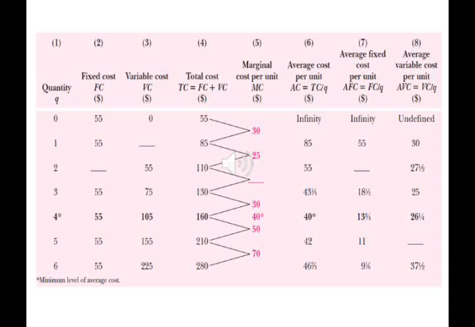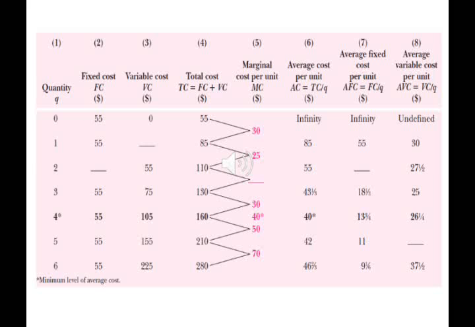As you can see, the average cost when Q equal 2 becomes 55. So this means that when marginal cost was lower than average cost, it pulled the new average cost downward. And this will result in a falling average cost curve in this region. Let's look, however, at Q equal 5 and Q equal 6.